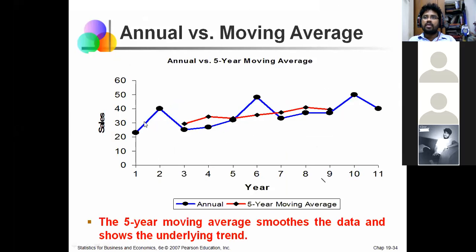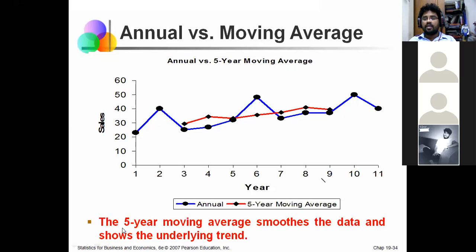When you draw the graph on the basis of annual data, there are some fluctuations, ups and downs from year to year. Am I right? When you observe the 5 years moving average, you cannot find such fluctuations. There are some, but less fluctuation. It's a smooth curve, nothing but there are not many fluctuations.